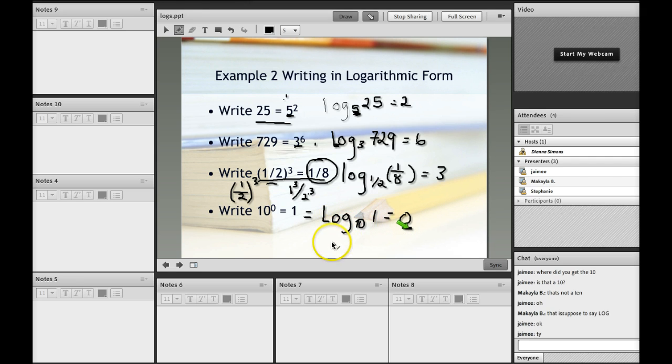For the most part, when you write logs, if you don't see a number down there, or if you just see log of, I don't know, log of 10, then that means, since there's nothing down here at the base, that is 10. 10 is called a common log. So if you don't see anything there, it means 10.